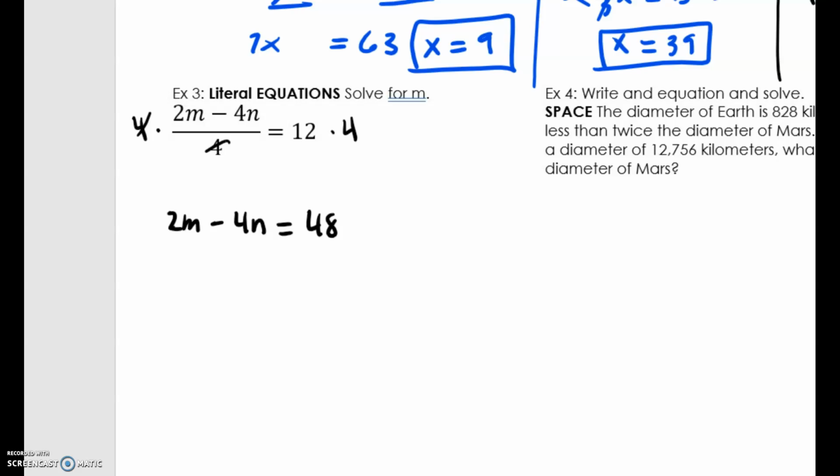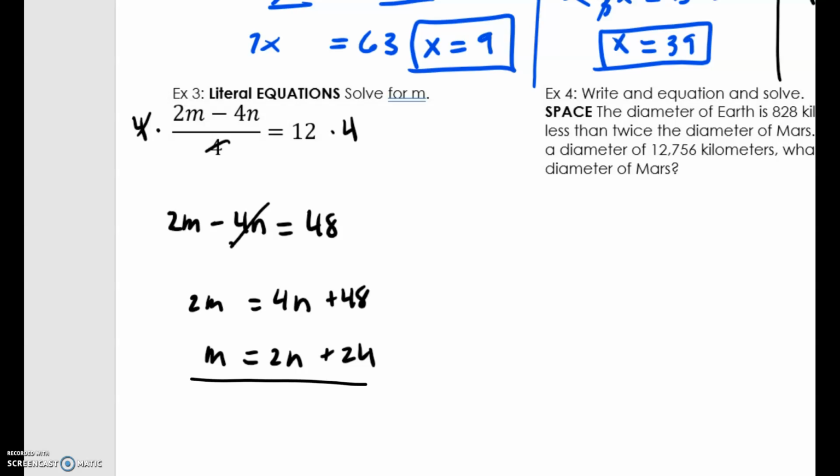And we get 2m minus 4n is equal to 48. Now let's get rid of the negative 4n since I'm trying to get m by itself. So I'm adding 4n to both sides, but we all know that that's just going to eliminate this and make a positive 4n on the right-hand side, plus 48. Now let's divide everything by 2 to get m by itself. Since that simplifies nicely, I'm going to simplify that to 2n plus 24.